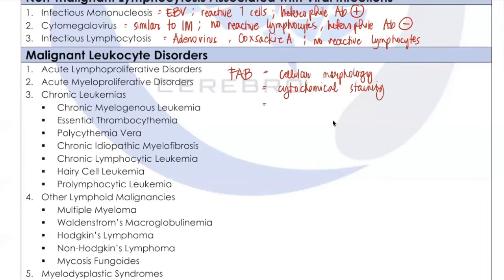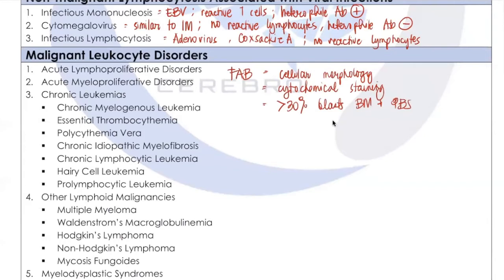The French, American, British classification defines leukemia as the presence of greater than 30% blasts, both in the bone marrow and the peripheral blood smear. So that is the definition of leukemia in the French, American, British classification: greater than 30% blasts.